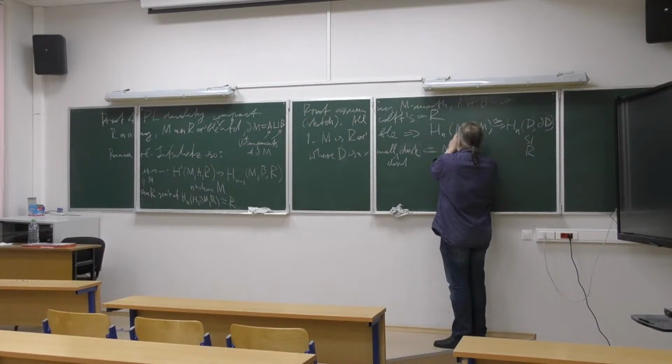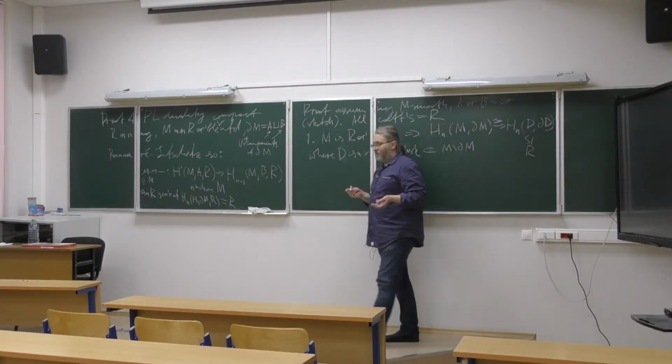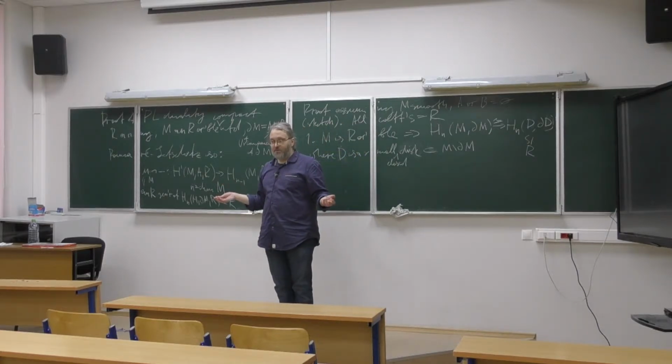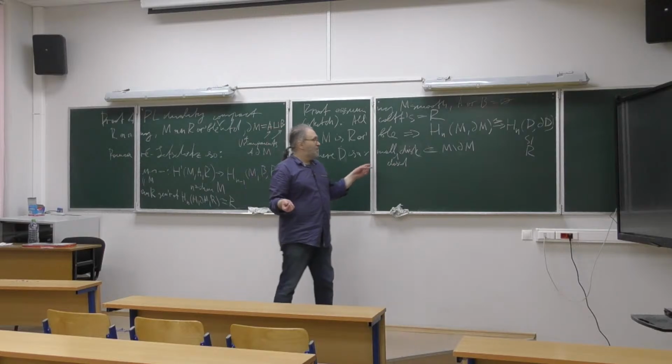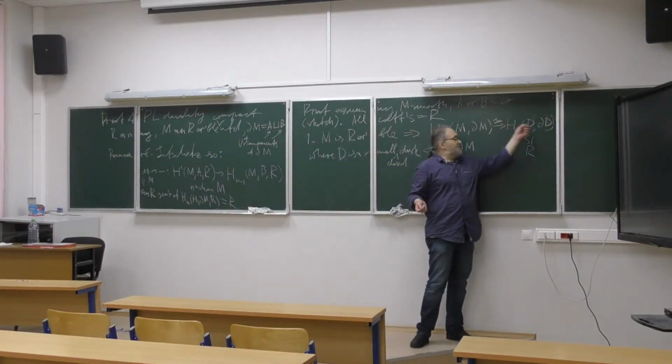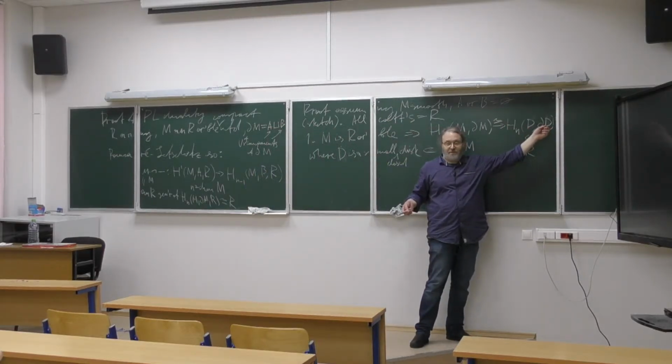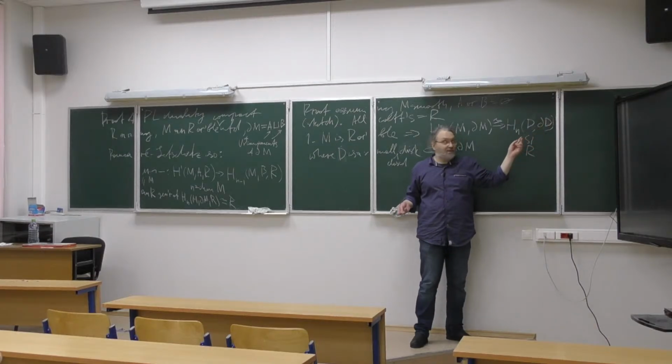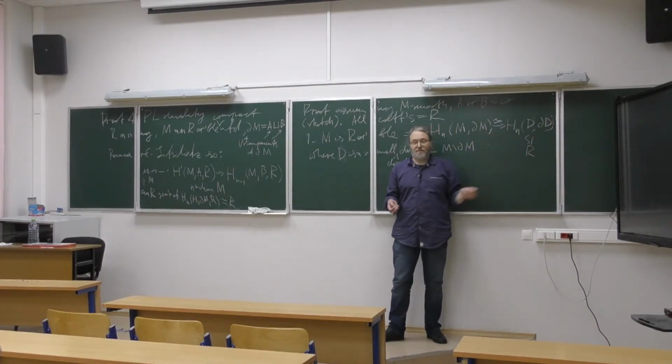For example, M does not map to D in any meaningful way, and neither does delta M to delta D. So where do I get this map from?